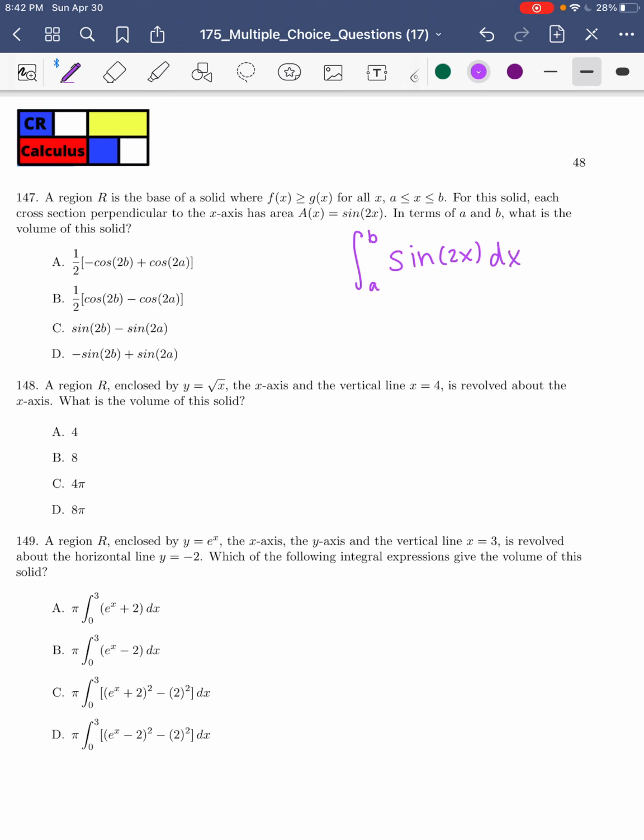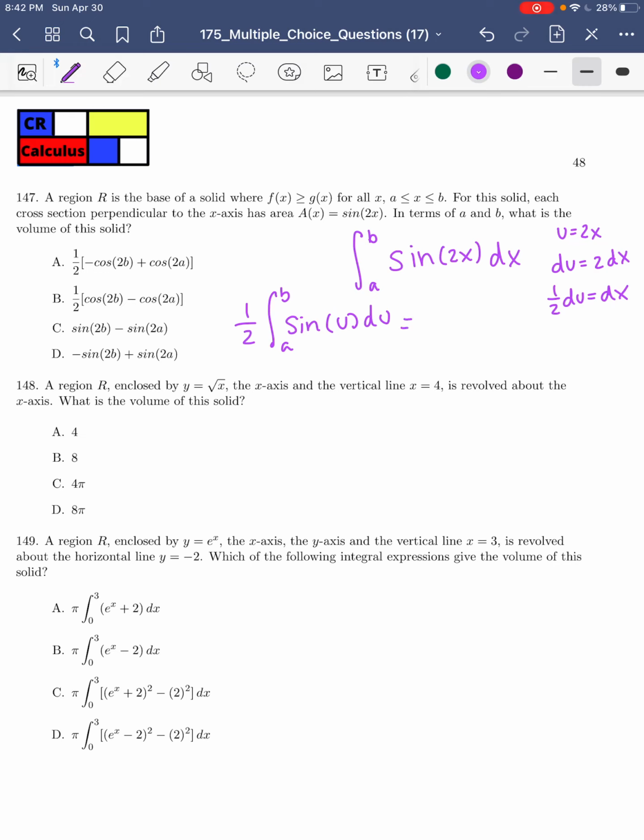So we actually have to take the antiderivative here. So if I think about u sub, u equals 2x, du equals 2 dx, which gives me 1/2 du equals dx. So 1/2 sine of u du from A to B.